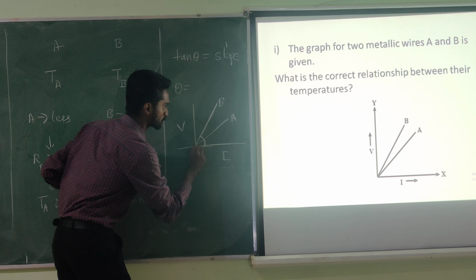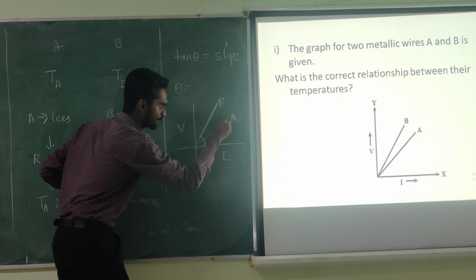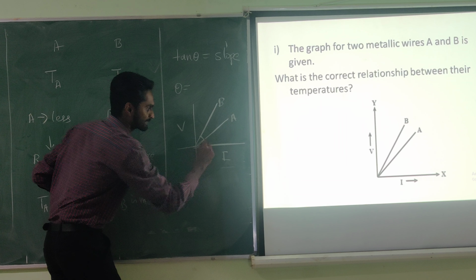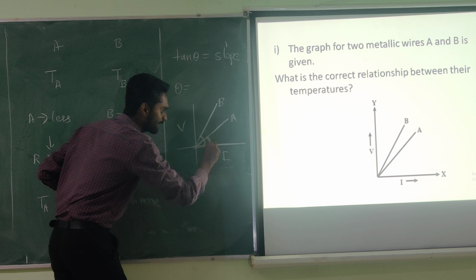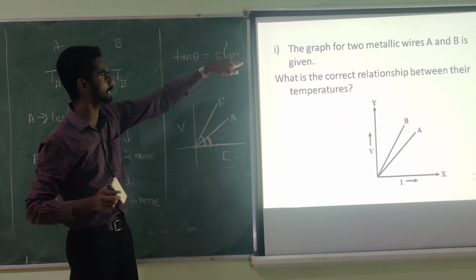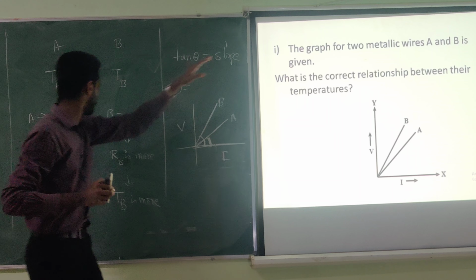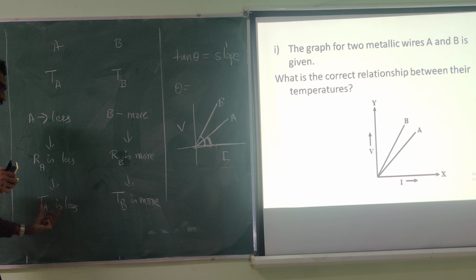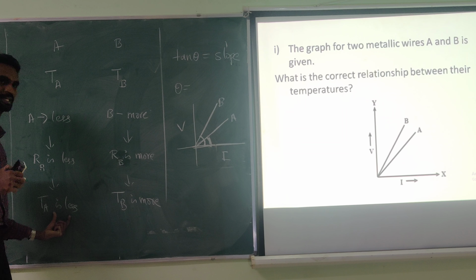Observe, children, the angle between graph A and the x-axis is less, so the tan theta value is less, slope is less, resistance is less, temperature is less.